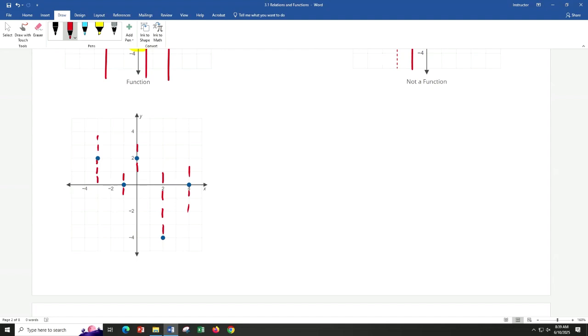So you still have a function in this scenario, because if I listed all these points, couldn't you agree that I'd have -3, 2, and then I'd have -1, 0, and then I'd have 0, 2, and then 2, -4, and then 4, 0. Notice looking at every single one. What was that one? 3, -3.